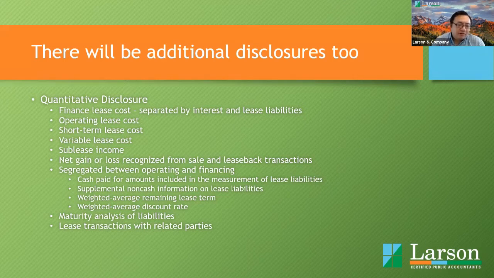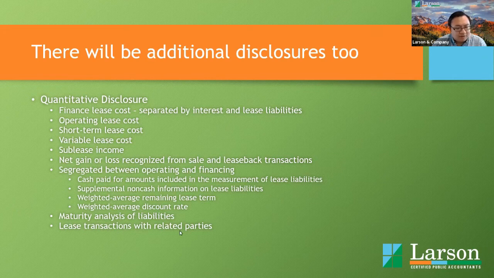You will have to also disclose the maturity analysis. This is a similar table that you have done in the past, where you can disclose the cash flow payments for the next 5 years and beyond. So similar disclosures there, but this time you'll also need to disclose the amount of the lease liability that will be expensed and released there.